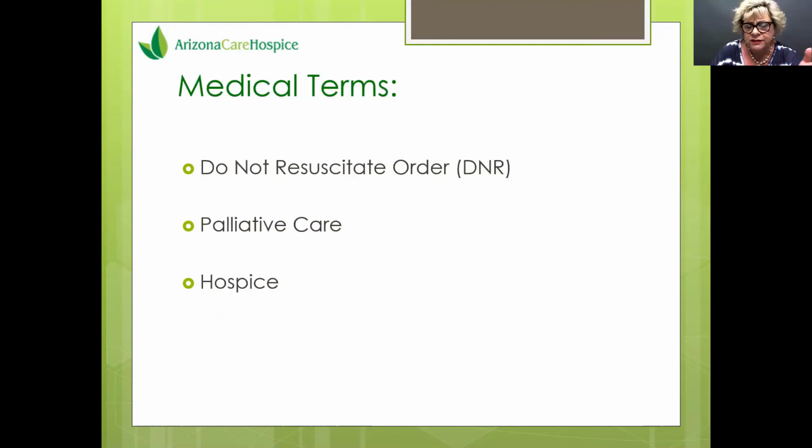Other terms are do not resuscitate, DNR, palliative care and hospice. There are actually two different types of programs. I mean, a hospice, yes, provides palliative care, but just so you know, a patient may be looking for or write in their living will that they're willing to go to a palliative care program. Remember, a palliative care program provides services for a patient that still wants to pursue aggressive treatment, but with comfort measures.